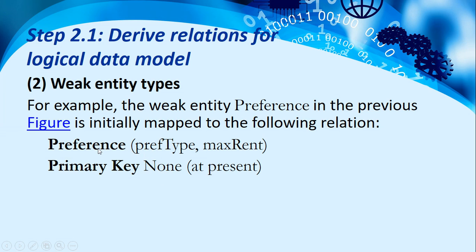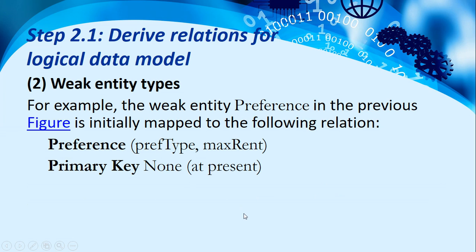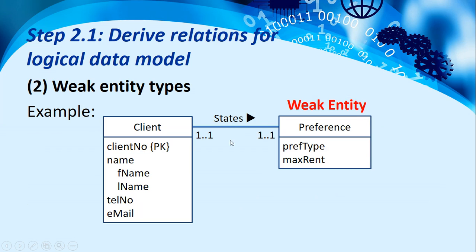In the next slides we will go back to this one. In this situation, the primary key for the preference relation cannot be identified until after the states relationship has been appropriately mapped. The states relation refers to this one.